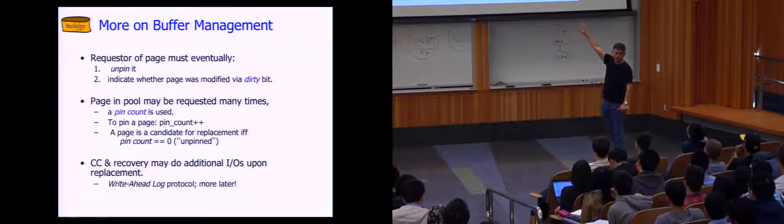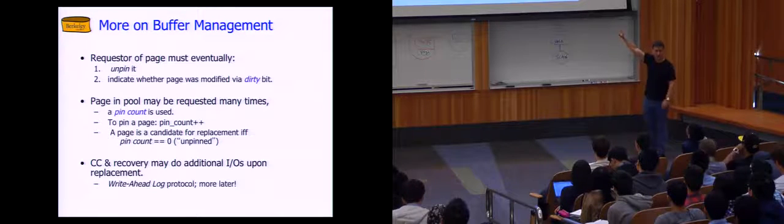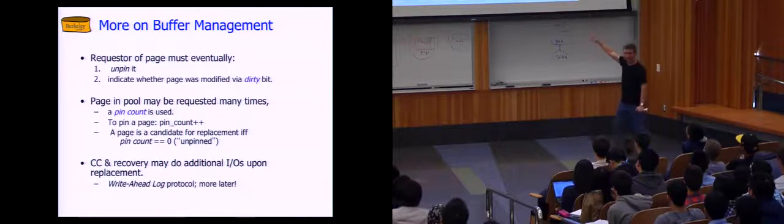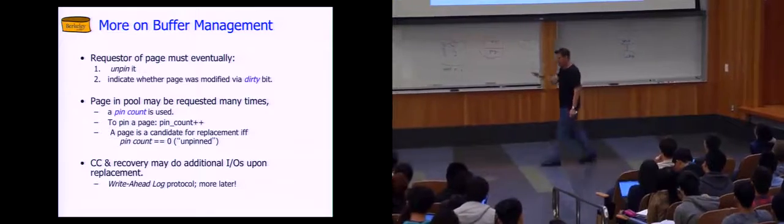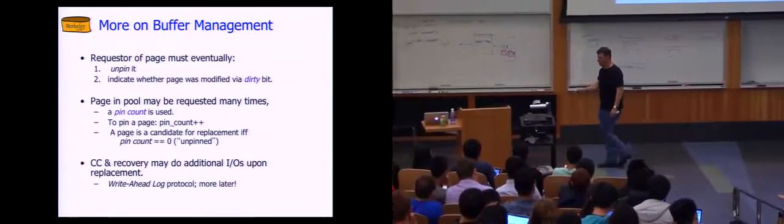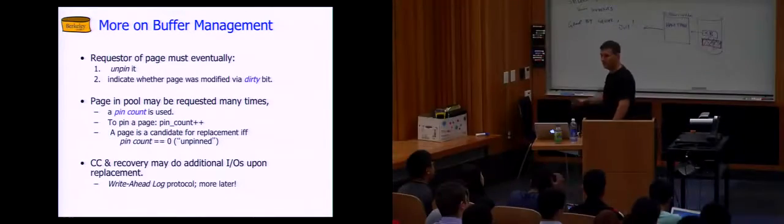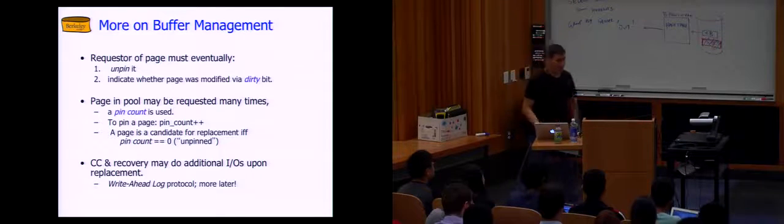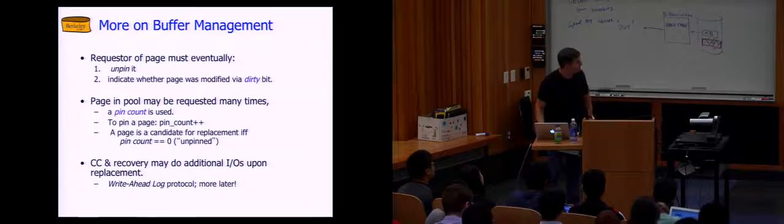We'll talk about that in excruciating detail later in the semester. All the things that happen to a page before you write it to the database. Don't worry about that for now. But very typically more stuff happens before replacement than just writing that page to the disk. Log records are generated in particular, and they have to be flushed to the disk. Talk about all that later.